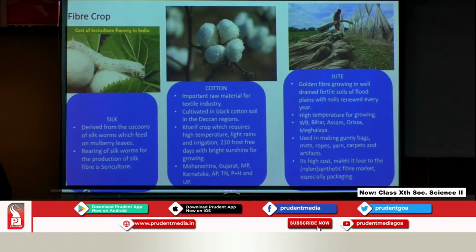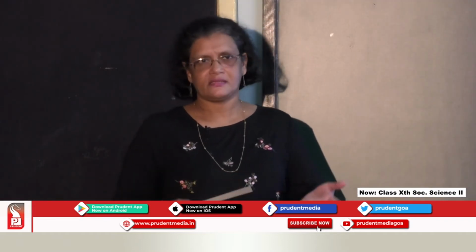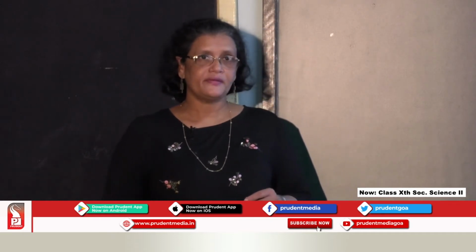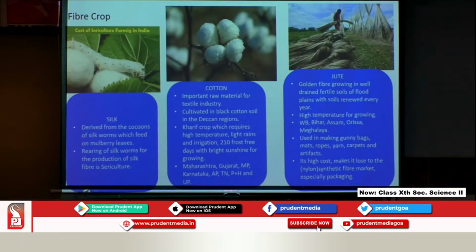You will see that for the growth of cotton we need black cotton soil, basically which is found in the Deccan regions. It's a kharif crop and requires high temperature, light rains and irrigation. Like any other plant, it will require rains, irrigation, but it also requires 210 frost-free days with bright sunshine for growing.